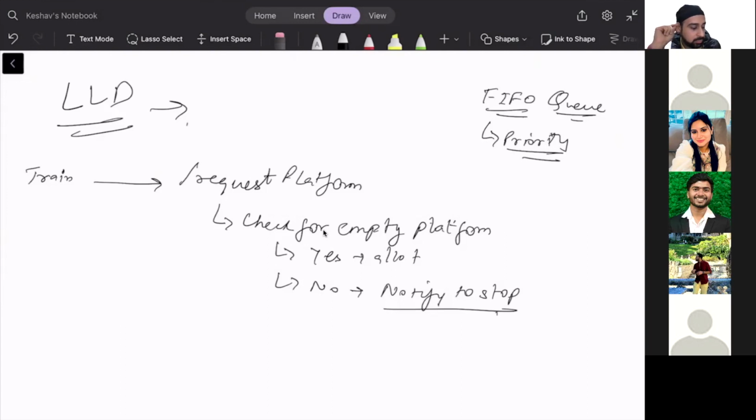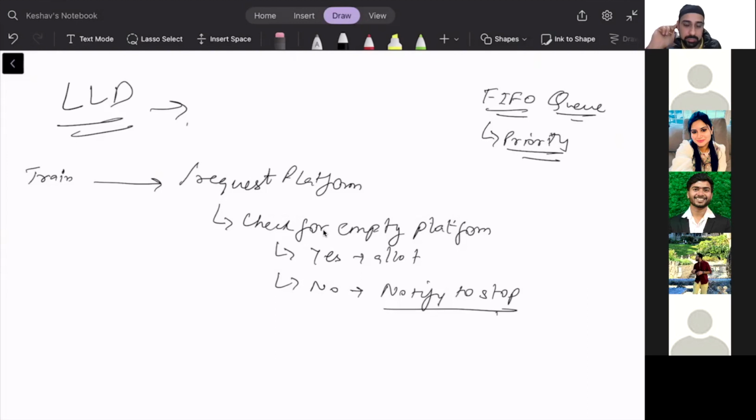Let's say train 1 arrived at a particular time, then that gets prioritized over something which came 1 millisecond later. But where are you keeping it now? I'm not getting it. You started off saying that you request a platform as a train. But then how would you store all of that? What is a train?